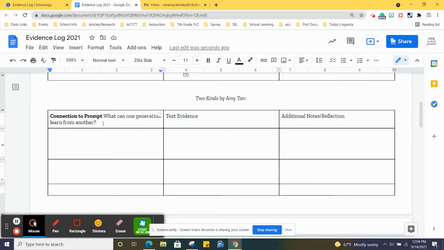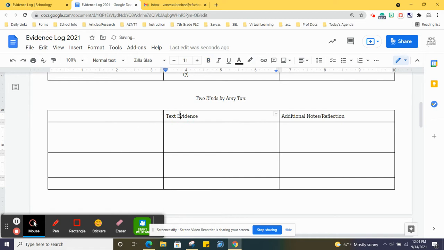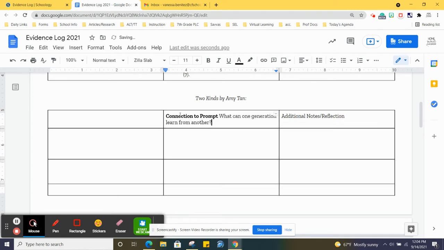So what I would suggest doing is just Control X, delete this, we can type that in, and then Control V. And then write text evidence on this side. It just makes life easier if we do text evidence here, the connection to the prompt here, and additional notes or reflection. Make sure you add that, additional notes or reflection. So pause this video, go ahead and make those changes. So it's text evidence here, connection to prompt here, additional notes. Take that time right now to pause.